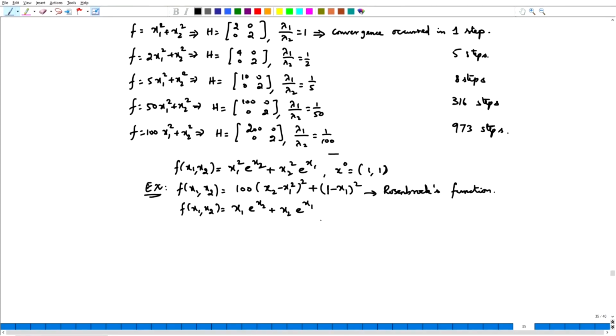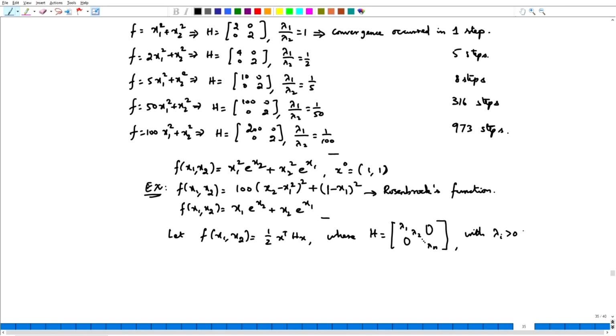Let us consider a simple function. Let f of x1 to xn be half x transpose Hx, where H is the diagonal matrix with entries lambda1, lambda2, dot dot dot, lambdan, with lambda i positive for all i.